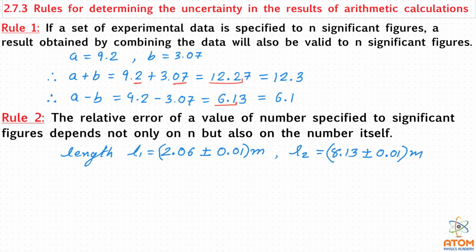Here both have an uncertainty of 0.01 meter, you can see. That means the absolute error is 0.01 meter, the same. But now let us see what about the percentage error.